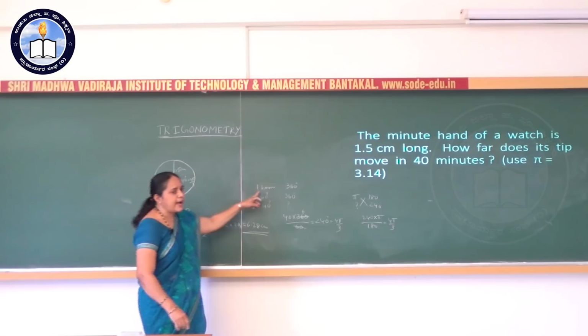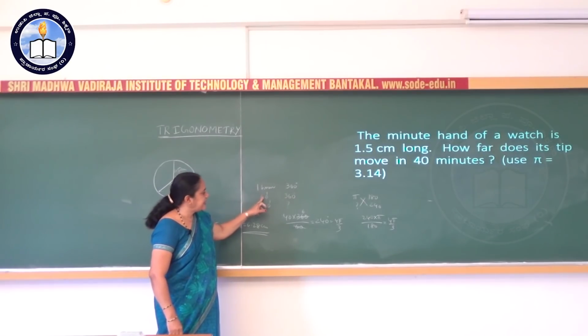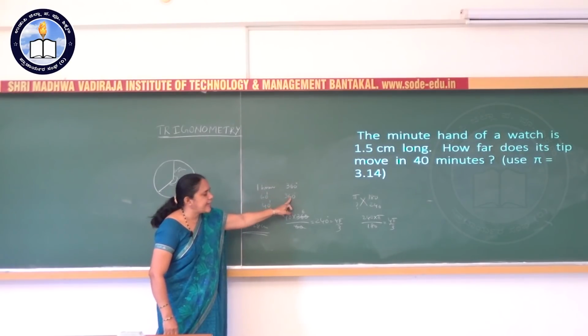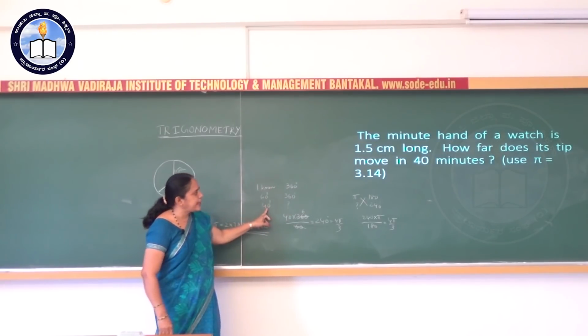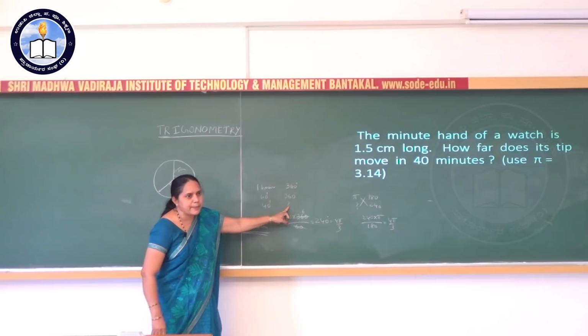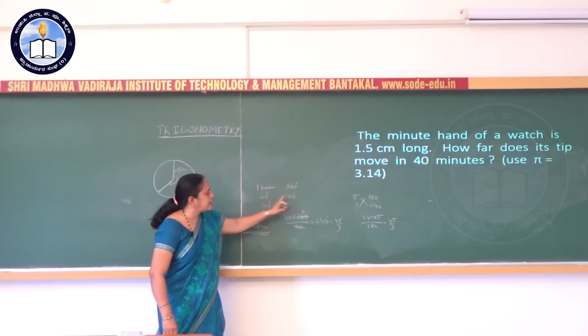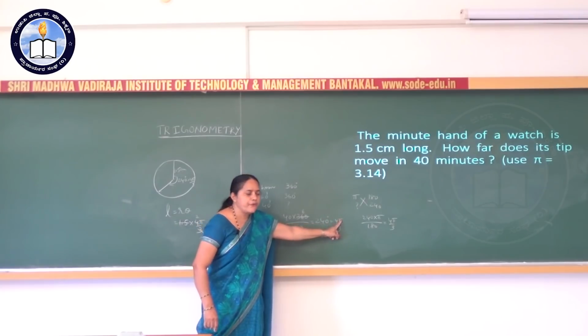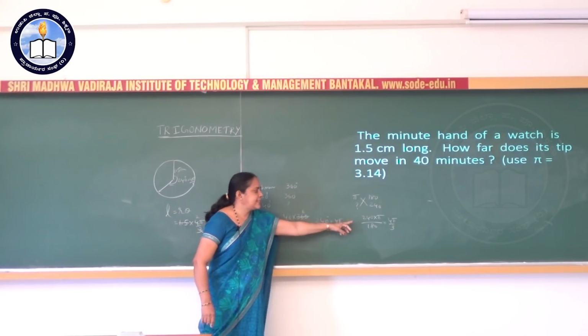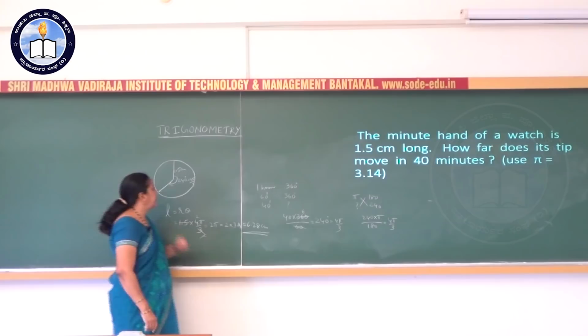Okay. In 1 hour, that means in 60 minutes, the minute hand turns an angle of 360 degrees. So in 40 minutes, what is the angle turned by the minute hand? That's equal to 40 into 360 divided by 60, or it's equal to 240 degrees or 4 pi by 3 radians.